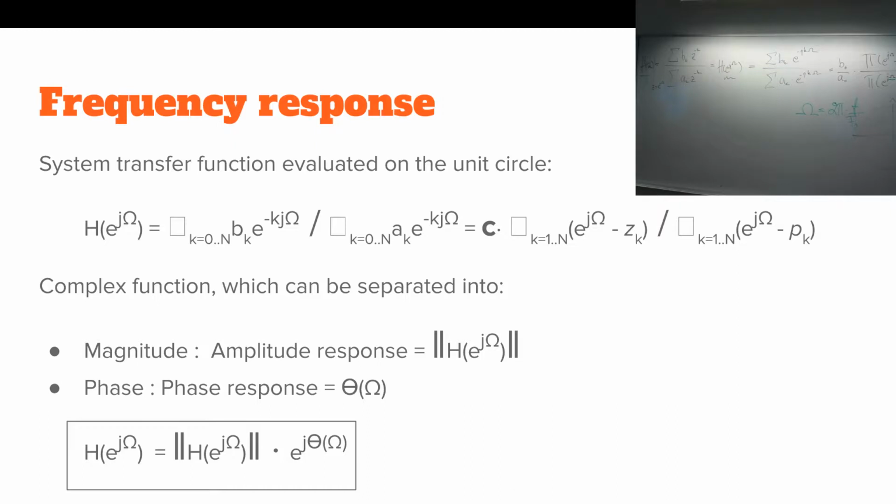Which basically means that on the upper half you have frequencies from 0 to pi, and pi is the same as sampling rate over 2, which is the Nyquist frequency. And then the lower part basically is the same thing from 0 to minus fs over 2.